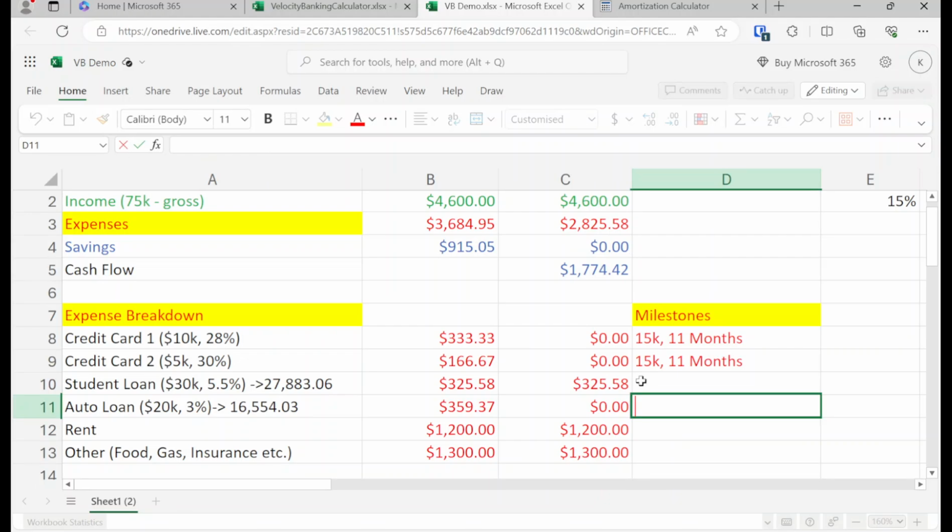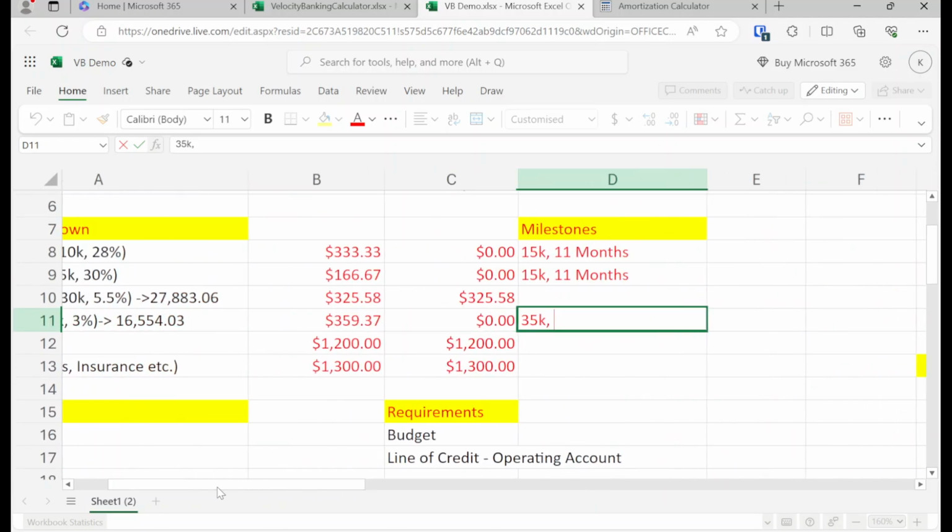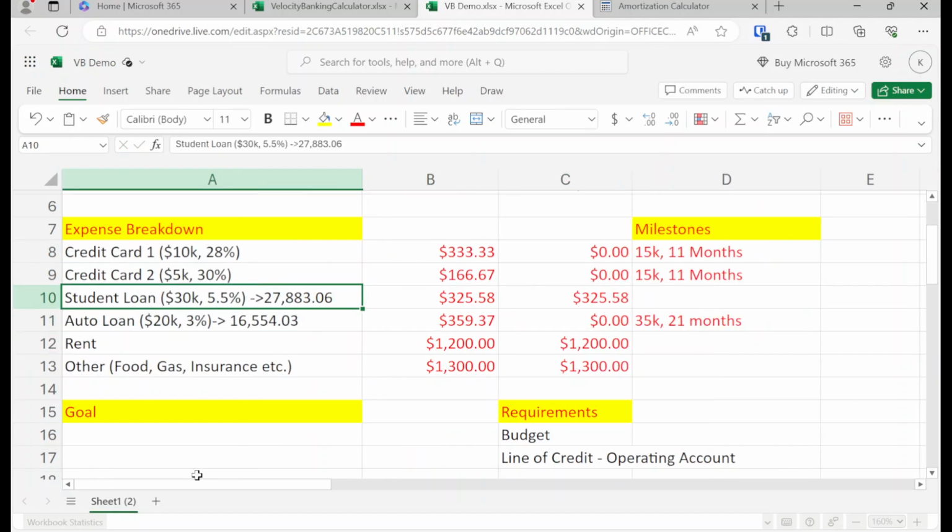So this is going to be 35K, and how many months? So let me think about this one second. 11 months. And so now, actually, I don't even have to think about it. I just have to copy it. 21 months. All right, so after 21 months, let's take a look at our new balance of that student loan.